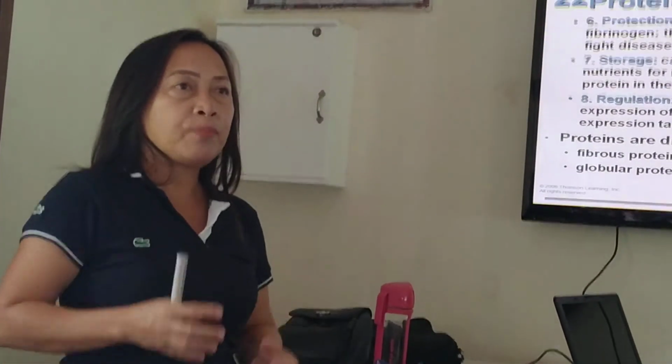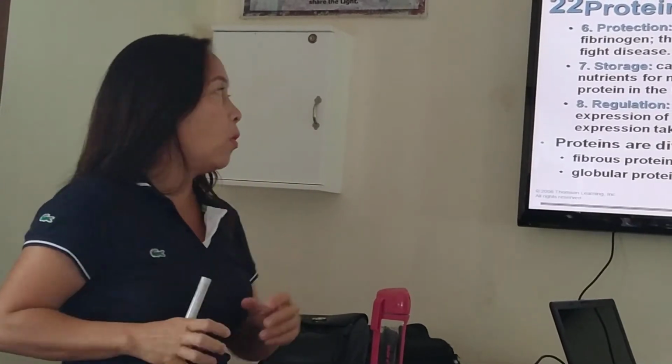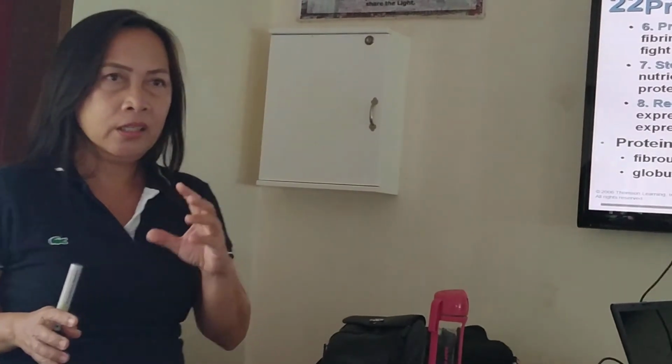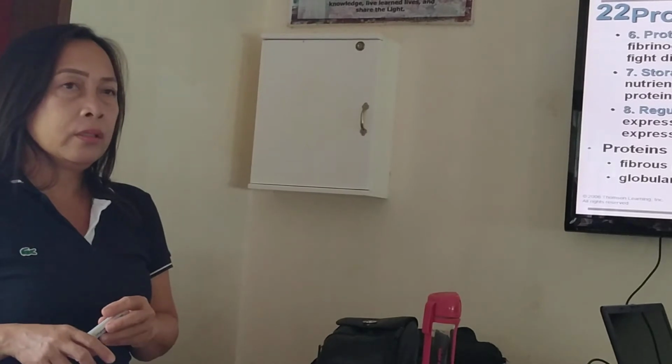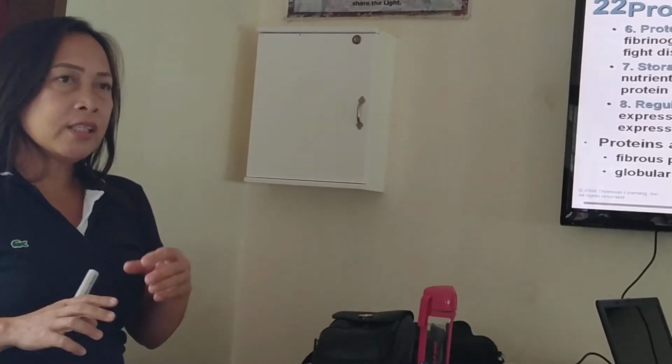So the response of our body is to produce more of this fibrinogen. Fibrinogen, which is of course produced by our thrombocytes. And of course, this fibrinogen would be converted into fibrin, an active form, to stimulate blood clotting.